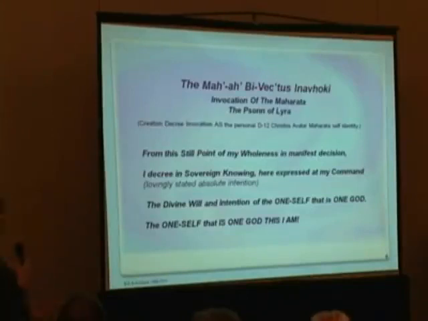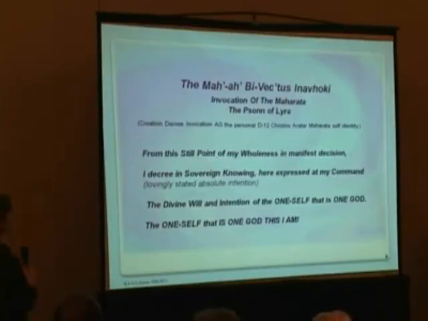On 1, 2, 3. From this still point of my wholeness, in manifest decision, I decree in sovereign knowing, here expressed at my command, lovingly stated, absolute intention, the divine will and intention of the one self that is one God, the one self that is one God.